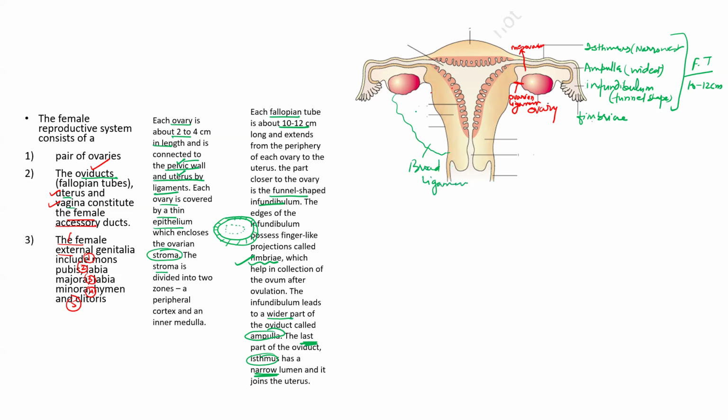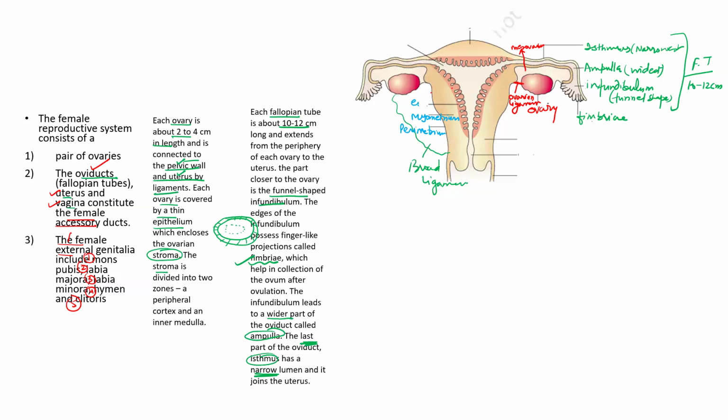And it has three layers. Outside, the first is the perimetrium. Then the middle layer is the myometrium, made up of smooth muscles which undergo vigorous contraction at the time of parturition.